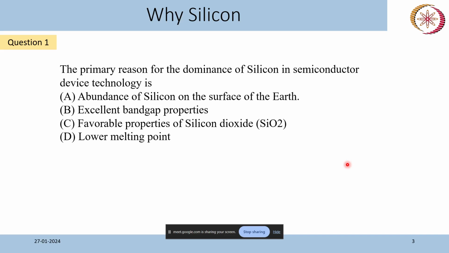There will be dangling bonds in any material at the top part. In case of silicon, the top surface is passivated because of the formation of a silicon dioxide layer.